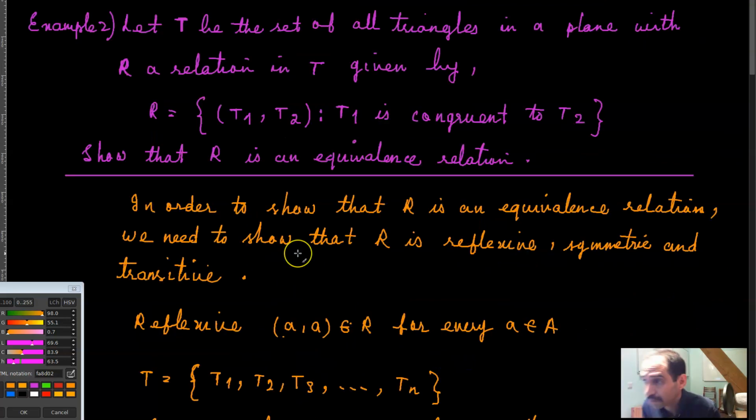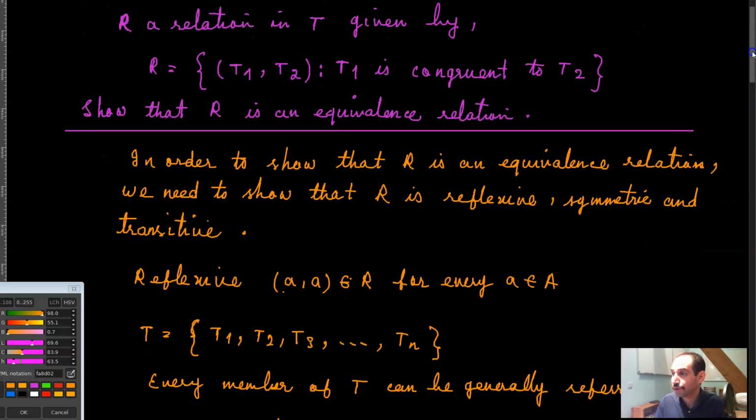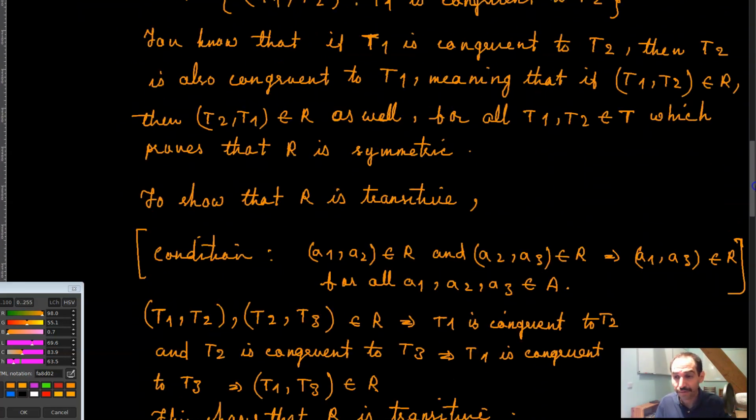Okay, so for the next part, you want to show that R is also transitive.